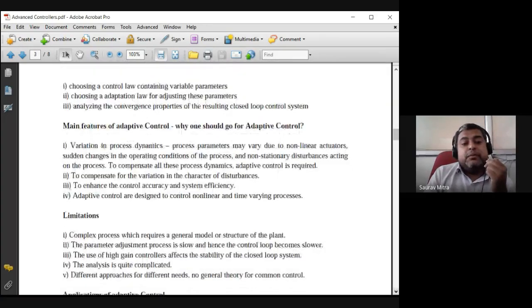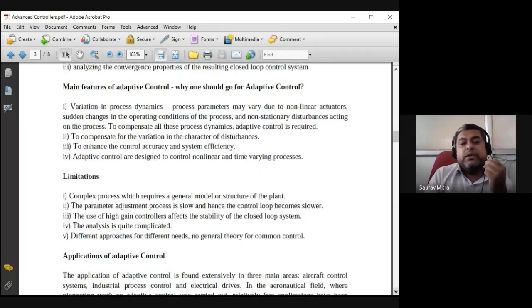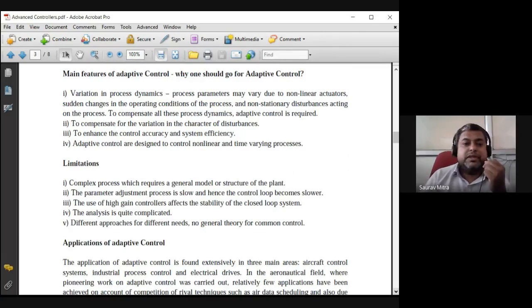Okay. So now the main features of adaptive control, why one should go for adaptive control. That is an advantage. Process dynamics or process parameters may vary due to nonlinear actuators. This point is very frequently emphasized, that the actuators are nonlinear. Hence the controller should handle sudden change in the operating conditions of the process and non-stationary disturbances.